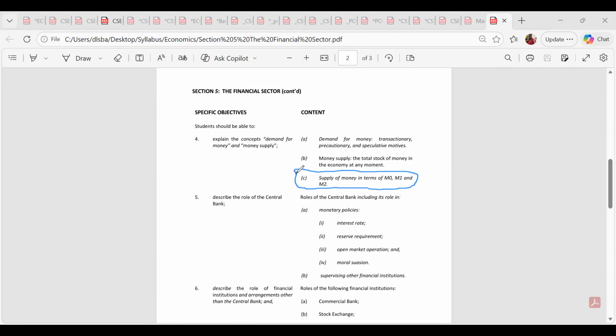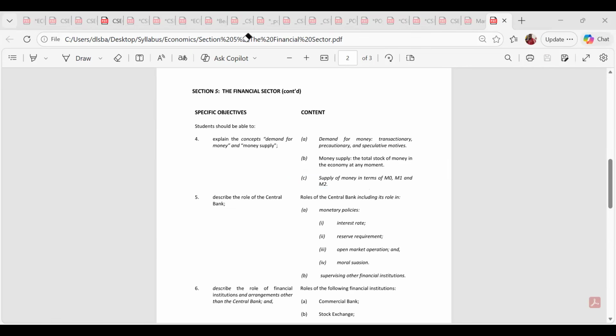So although M3 and M4 exist as well, I'm just going to be showing you M0, M1, and M2, all right? Just showing you all for clarity. Yes, because I know some teachers teach M3 and M4. But because only M0, M1, and M2 are on the syllabus, that's all I'm going to teach to ensure that you don't get too confused.